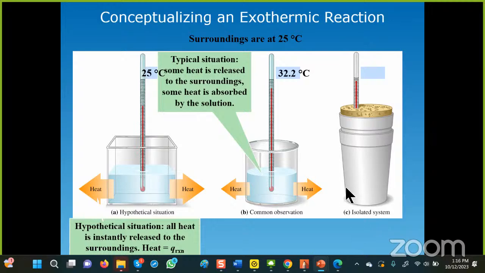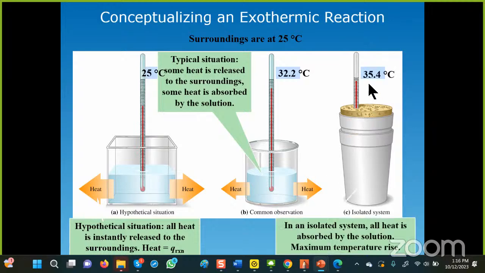And the temperature will increase to a higher temperature compared to what happened in this particular case, right? This sort of setup is used more often in an experimental case where you want to find out how much heat is generated, or conversely, how much heat is absorbed in an endothermic reaction, so that you can do certain calculations with it, all right?